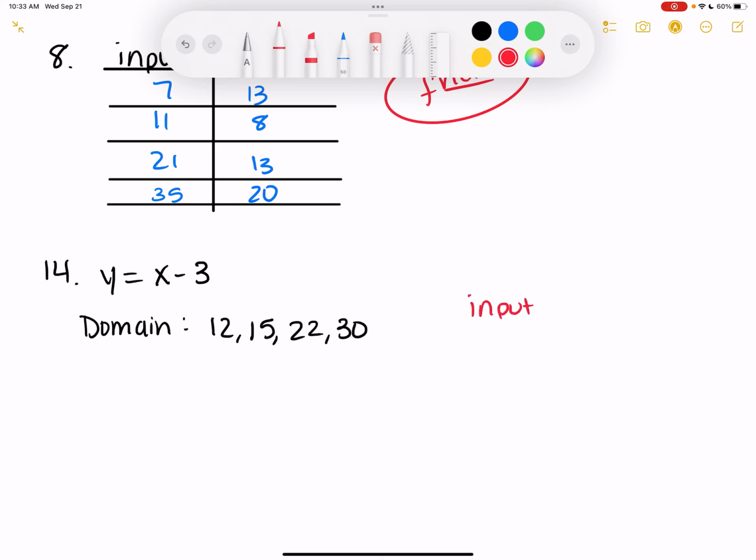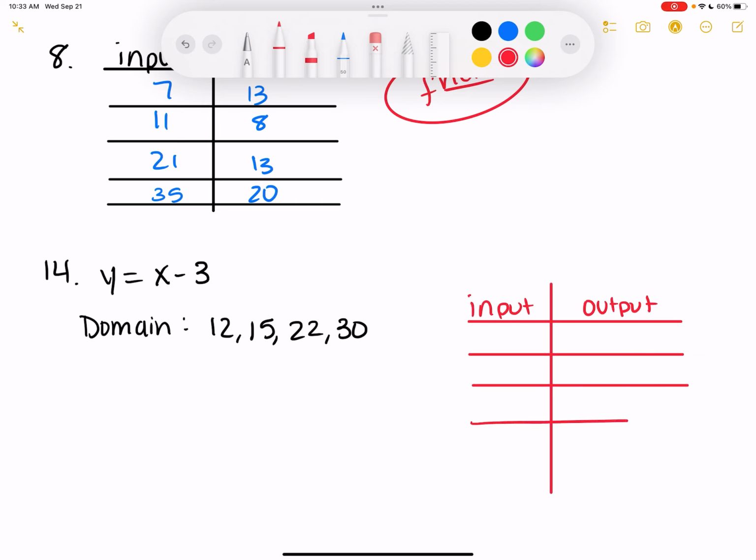I'm going to do input and output. We were given the input values, so I'm going to write them down in the left column. So 12, 15, 22, and 30.